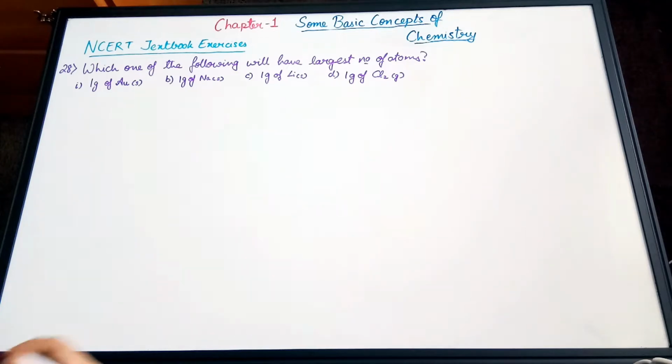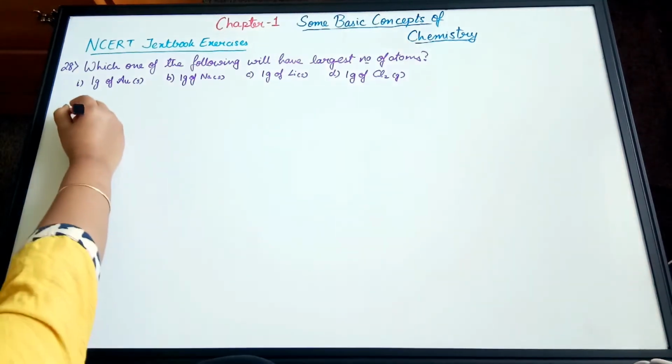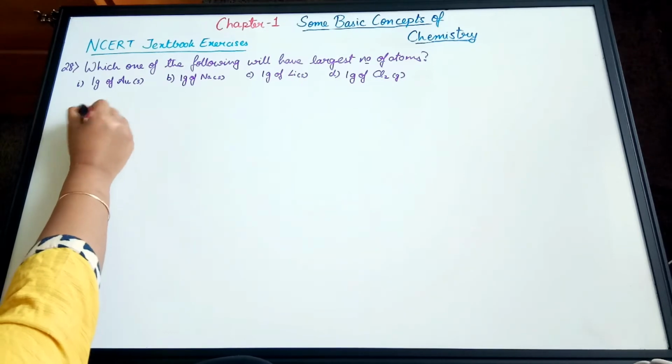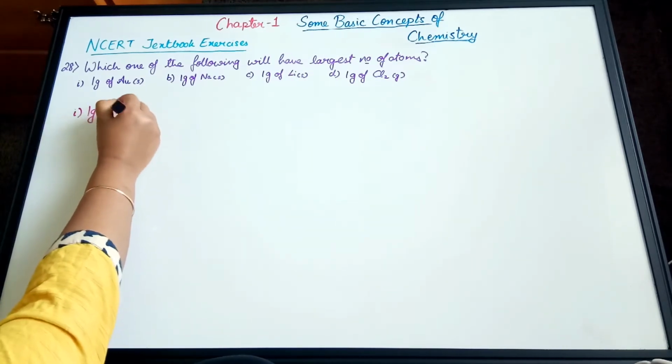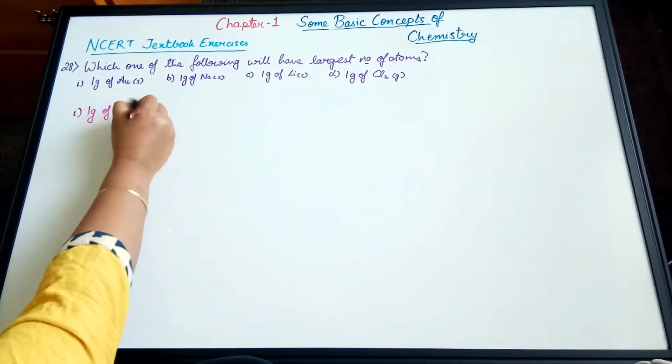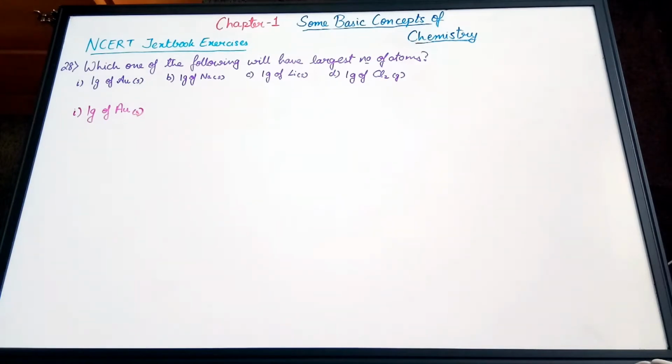First of all, let's start with the first one, and the basic idea behind the first one will be followed for all of them. The first one is 1 gram of gold, which is a solid. So in 1 gram of gold, how many atoms are there?